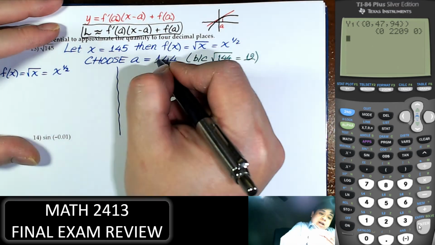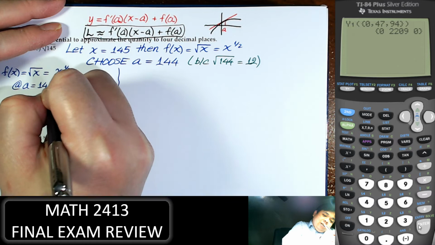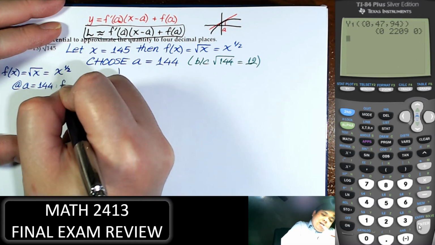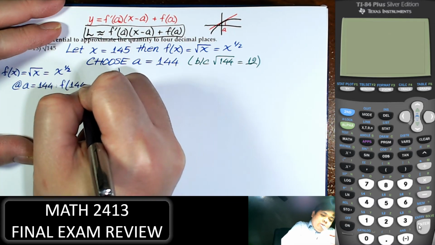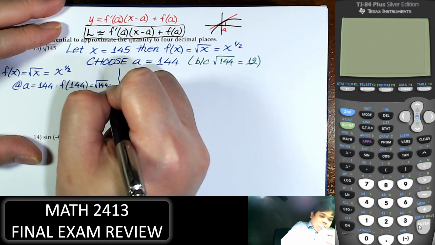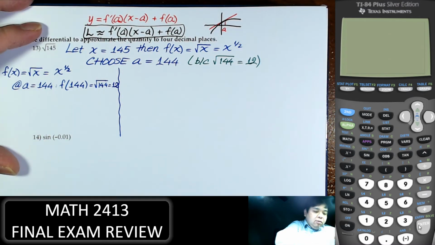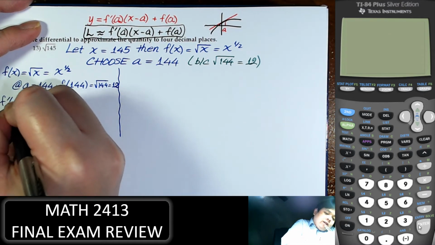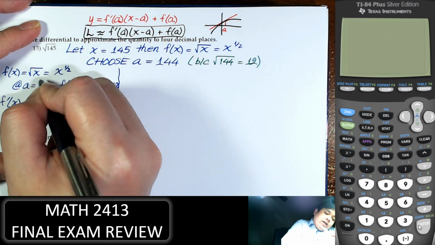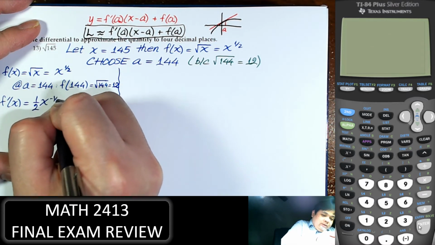Now we evaluate at a. f of 144, or square root of 144, equals 12. Now we check the derivative. The derivative is 1/2 x to the negative 1/2.